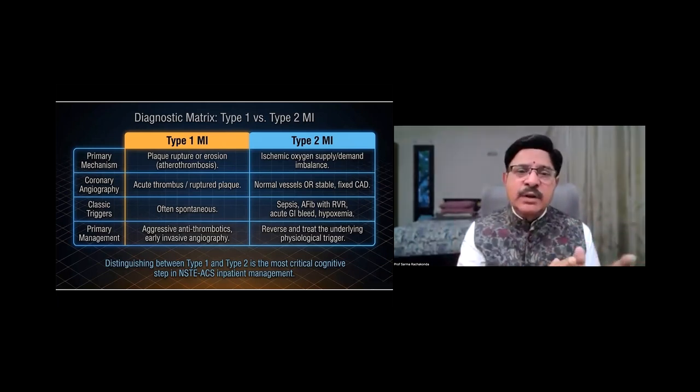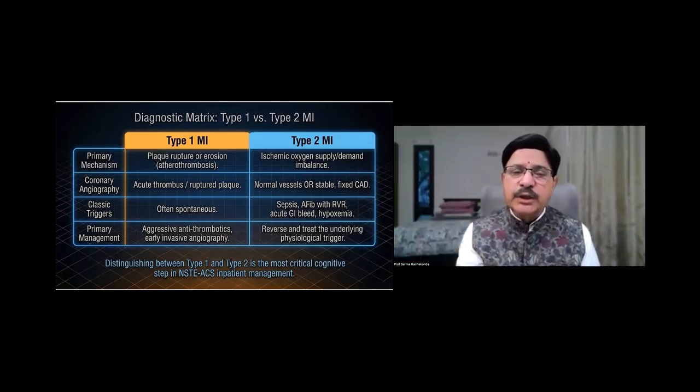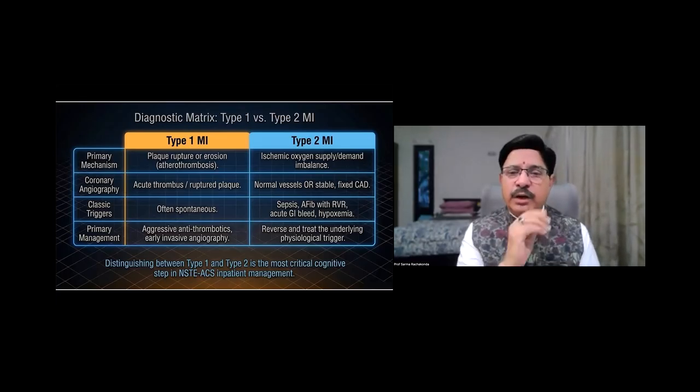Classic triggers: type 1 is often spontaneous. In type 2, we have an underlying trigger: AFib, right ventricular overload, sepsis, acute bleeding, hypoxia. Primary management for type 1: aggressive antithrombotics, early invasive angiography and treatment.